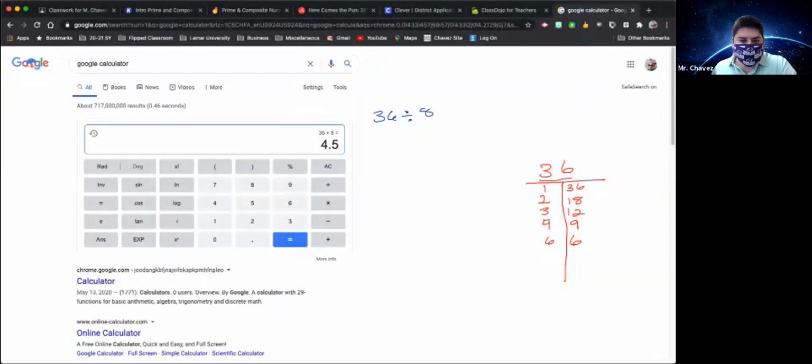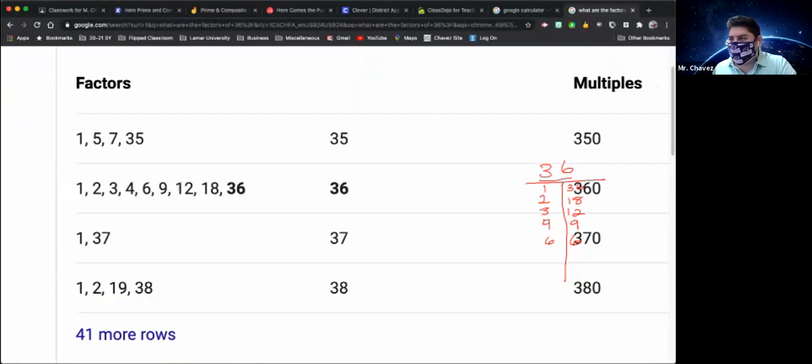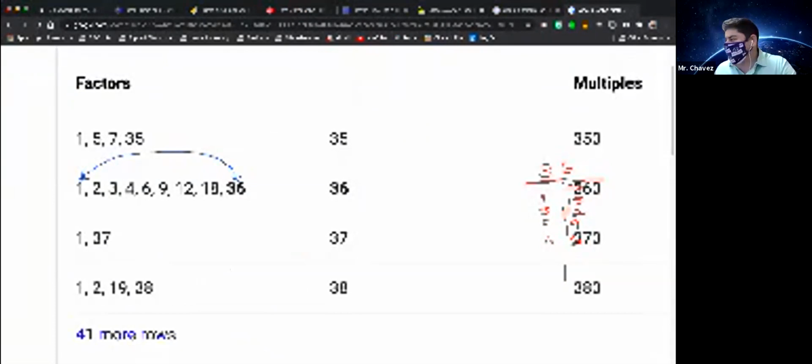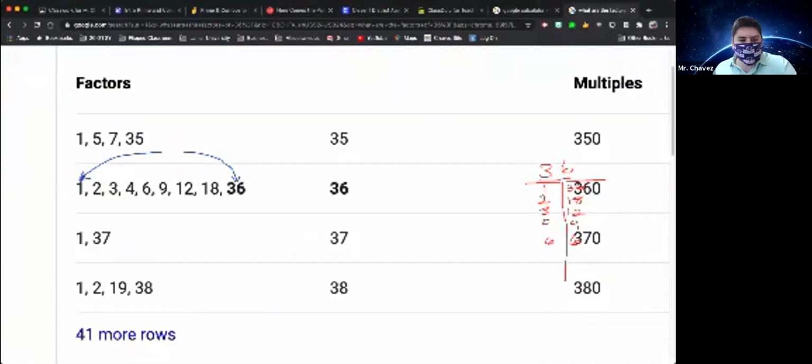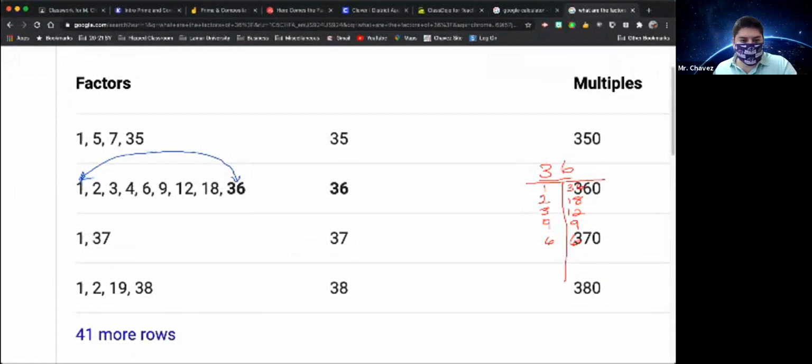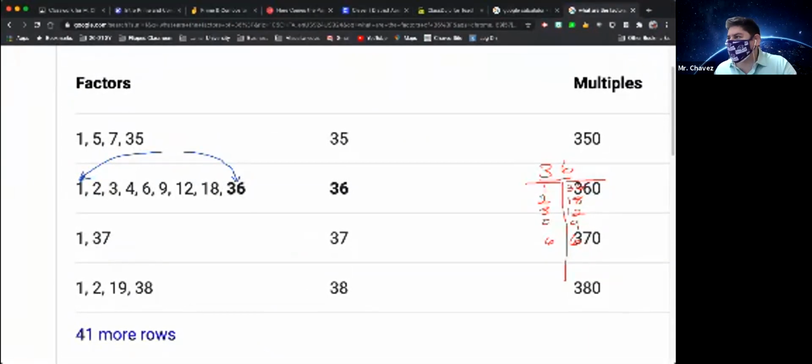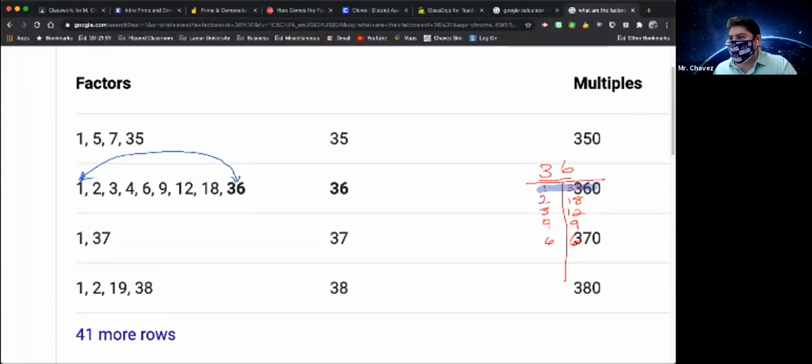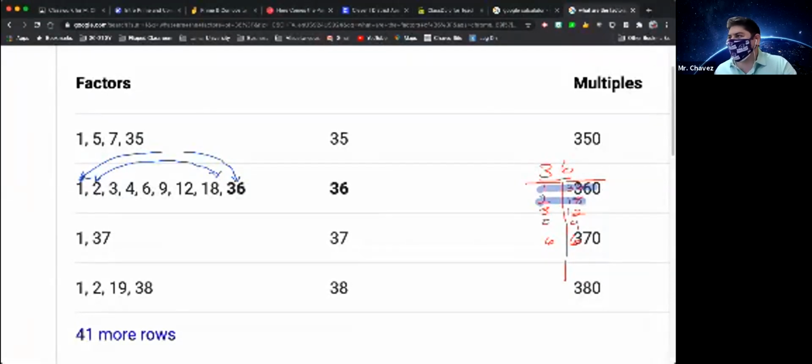So far. So when you hit that Google search, watch. What it's showing you here is a little rainbow. It's showing you 1 times 36. That's what we have here. You see, you guys have a lot of powerful tools that y'all can use. 1 times 36 is there. Now look, 2 times 18. 3 times 12.